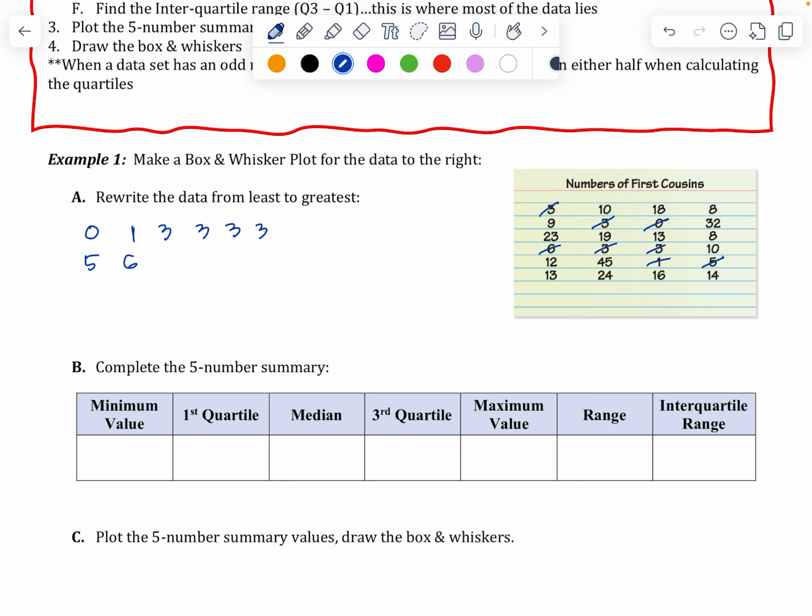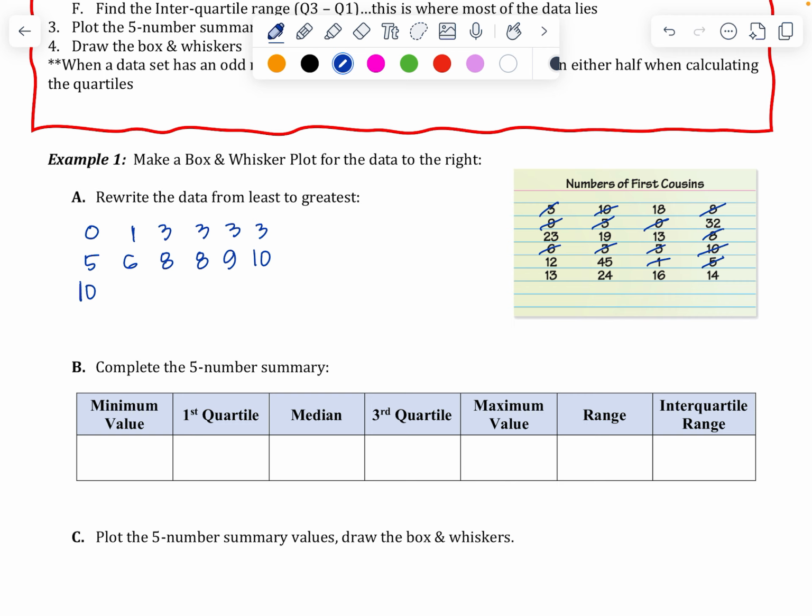I see an 8, I see 2 of them. Do I see any 9s? No. 10s, I see 2 of them. And if I skip something, I can squeeze it in and fix this. Oh, I see a 9. So there's a 9, and then 10 and 10.